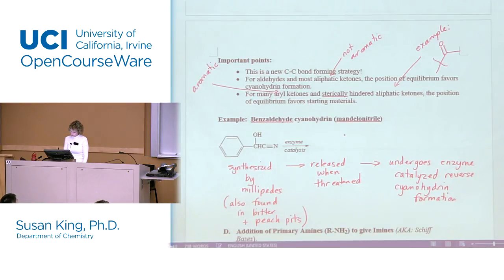So it goes back to benzaldehyde, and the side product is hydrogen cyanide. Not enough hydrogen cyanide to kill an adult, but enough to kill a small mouse.